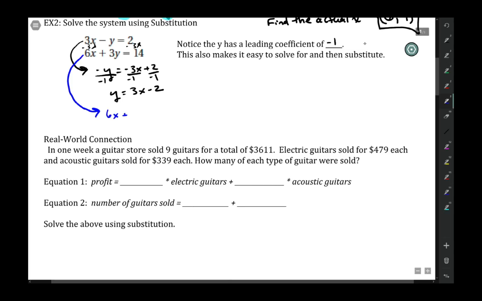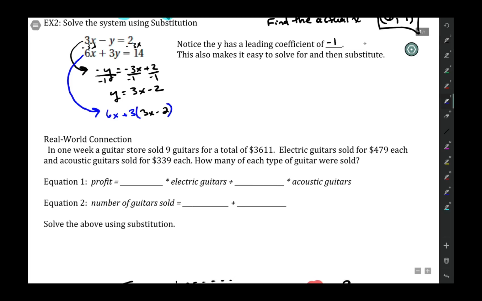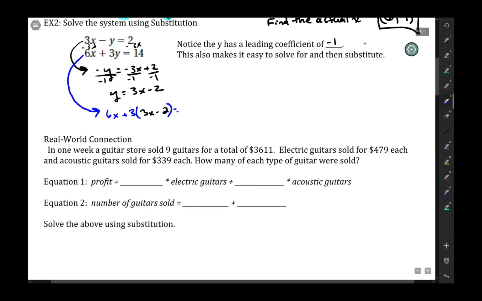And we will use that y to substitute into the second equation anywhere that we see y. So 6x plus 3 times (3x minus 2). Remember, that's our y that we just found. Equals 14. And again, don't forget to distribute to both terms. And that will leave us with 6x plus 9x minus 6 equals 14.